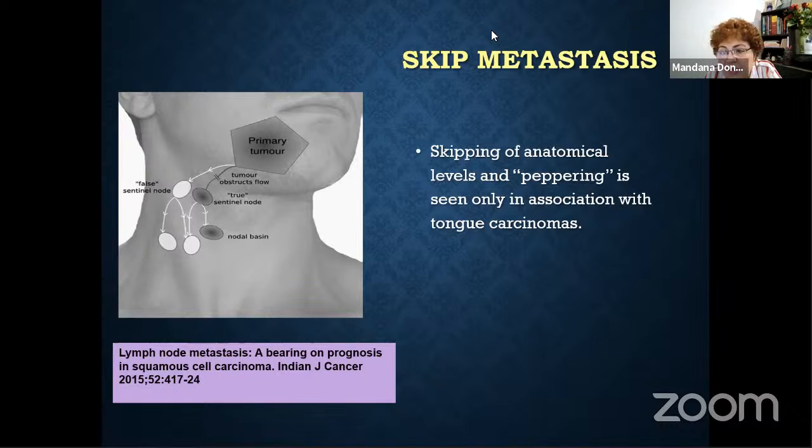Then calcification is seen in metastatic papillary carcinoma of thyroid, which is also there. Then lymphatic or angio invasion in lymph nodes carry poor prognosis as distant sites may be involved. And we answered that question.